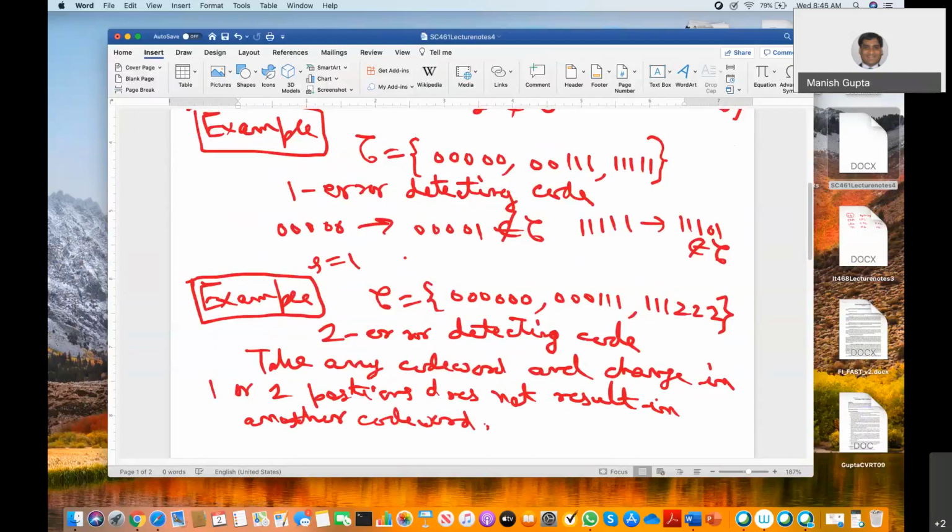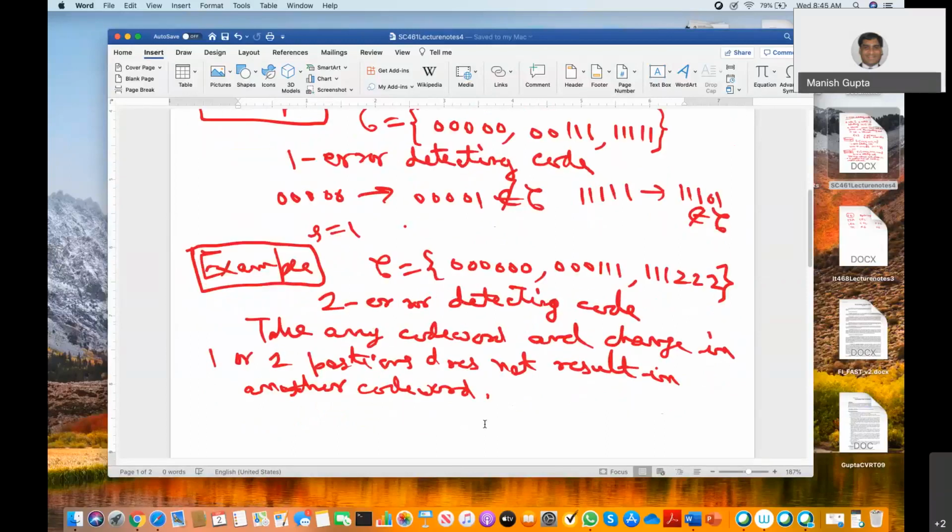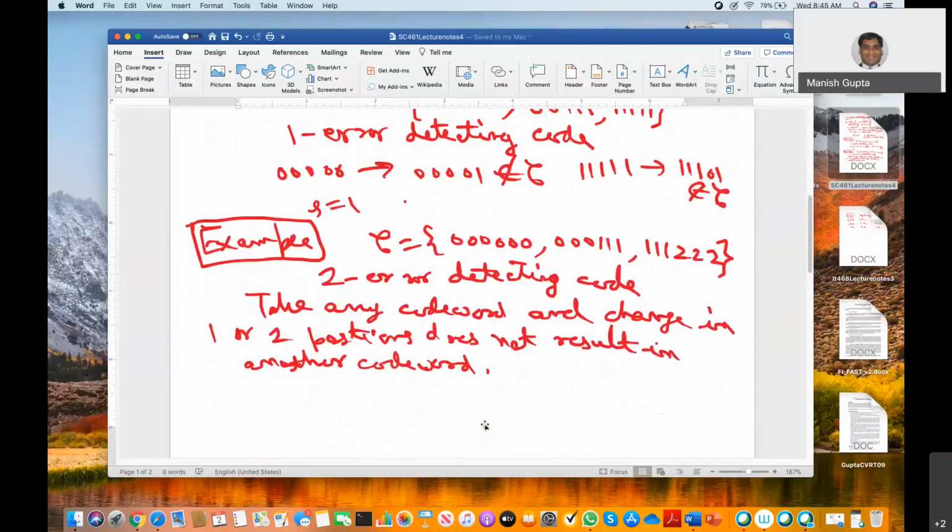Okay, so this is known as a two error detecting code. Here I have taken an example of a ternary code.